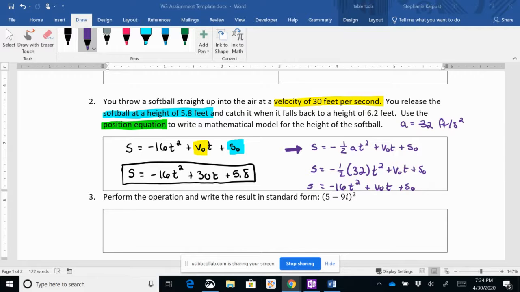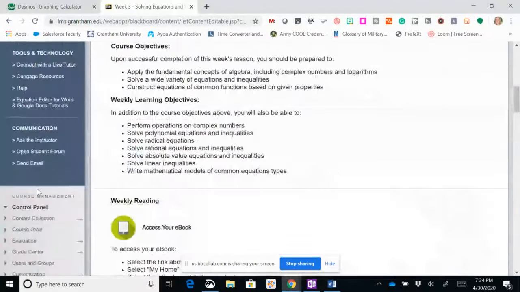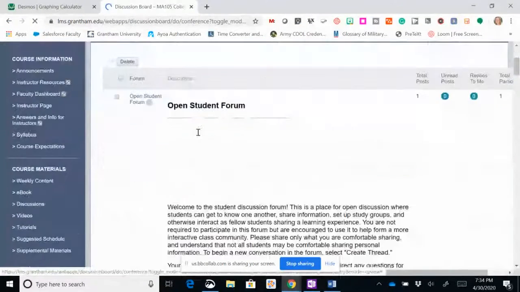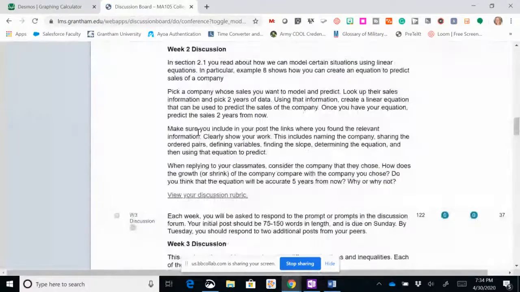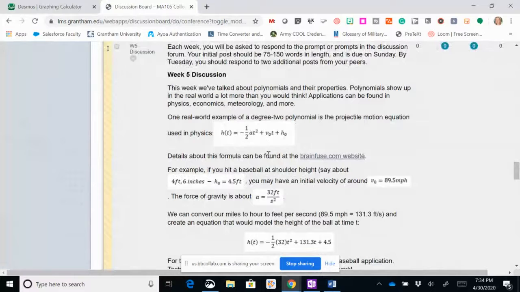Actually, let's see, I'm going to bring up the classroom here. If we go to our discussion, so I said for week 5. So week 4, we're not working with this, but week 5, here it is. There's that same equation. When it's in this form with the A and everything, we call it the projectile motion equation, but it's the same equation.